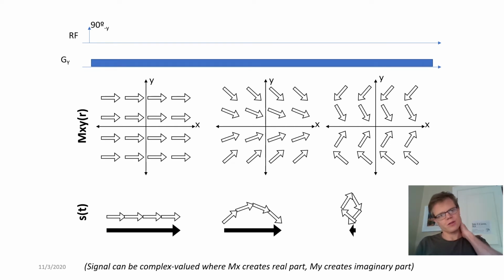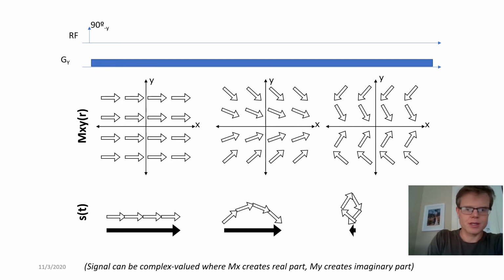Okay, so I want to switch gears and review briefly what's happening with our transverse magnetization during a gradient. And this is for the purpose of illustrating the effect of the 180-degree pulses.